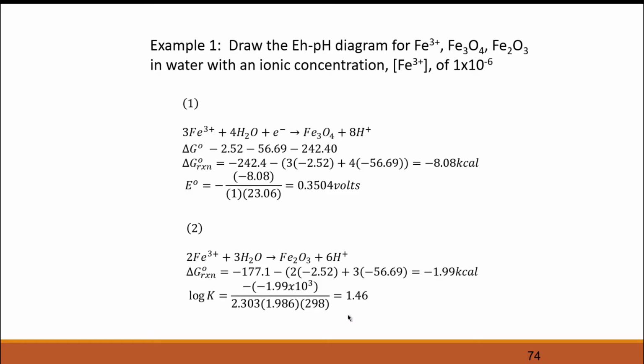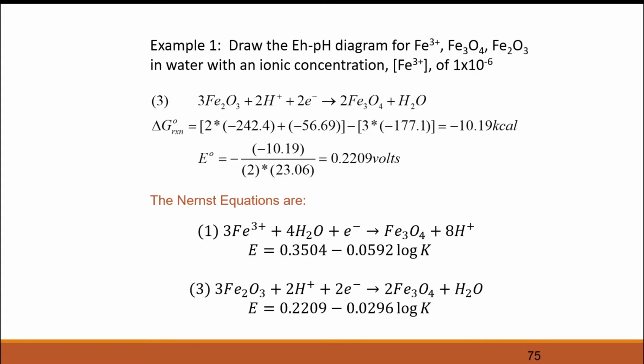Later, we will input our K in terms of the reactants and the products, to bring out the pH value. Okay, so here this is the third equation. Fe₂O3 yields Fe3O4. Okay, so this is the reduction reaction, and we take the delta G of reaction, again products minus reactants.